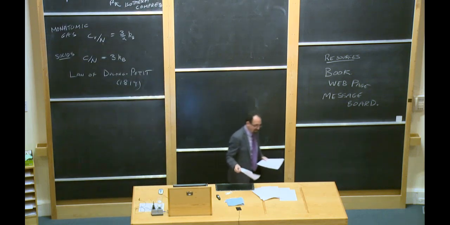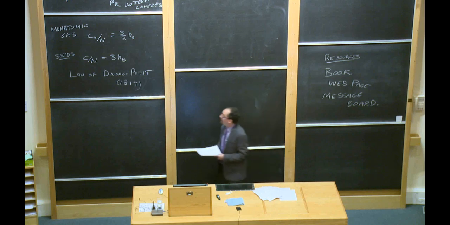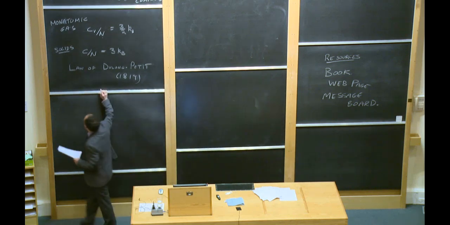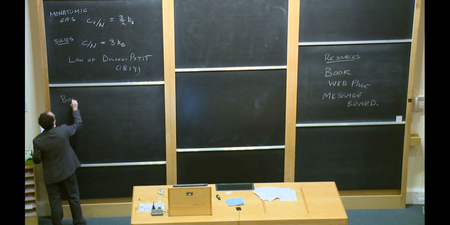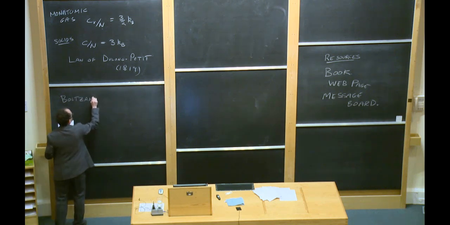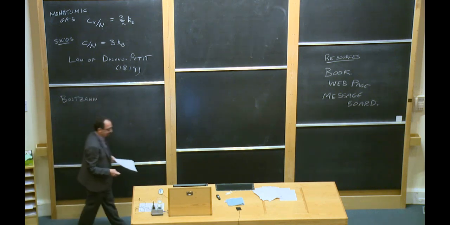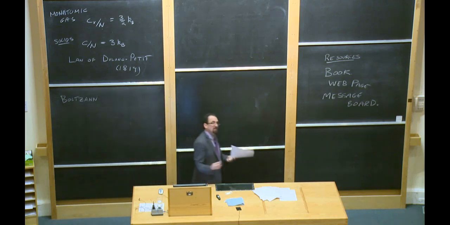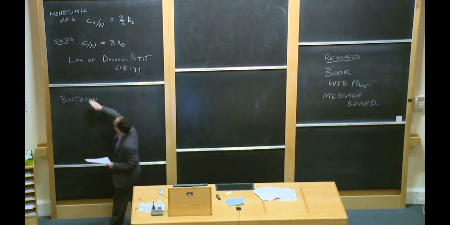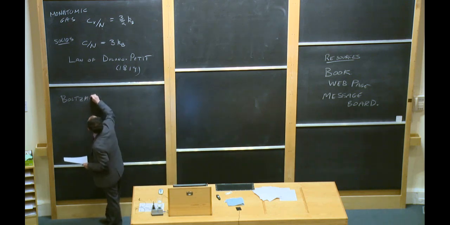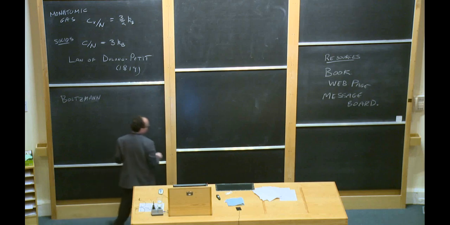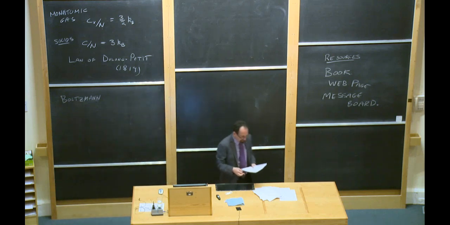Until along comes Boltzmann. Boltzmann was a very smart guy, and he very much liked this statistical mechanics stuff. He sort of invented the field. And he thought that maybe he could understand this law of Dulong-Petit using his statistical mechanics.